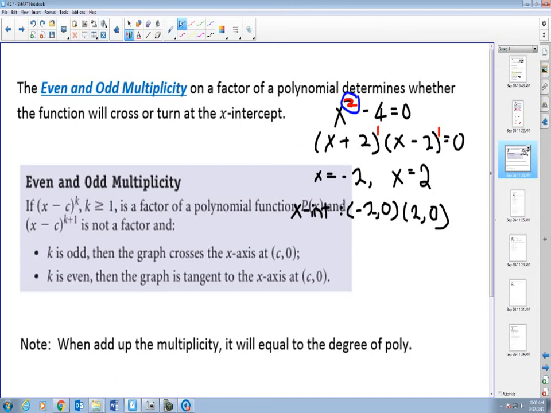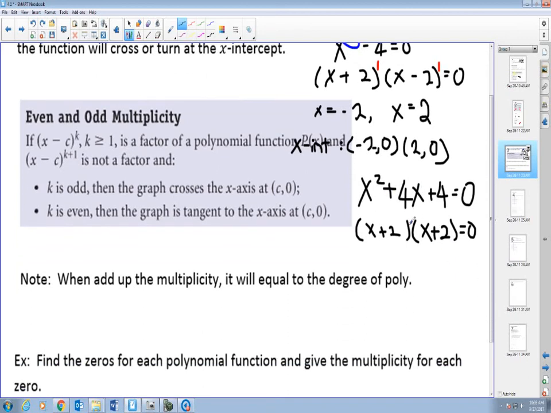Now let me give you this example. If I have a trinomial x squared plus 4x plus 4 set equal to 0, and I factor this, normally students will say that is x plus 2 and x plus 2, because 2 times 2 on the back gives me my 4, and if I add them, I end up with the middle term, positive 4.